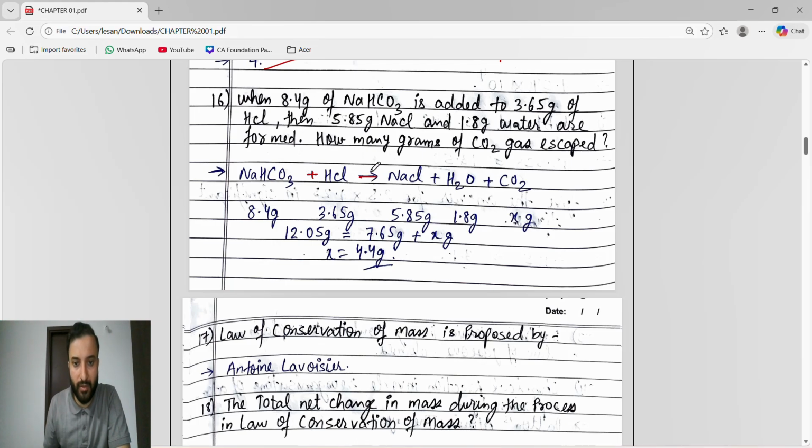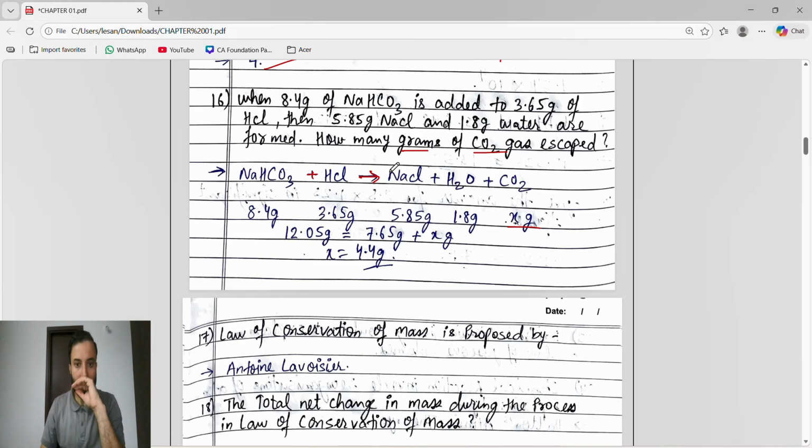So what they said, NaCl 5.85 gram and 1.8 gram water, the H2O 1.8 gram. How many grams of carbon dioxide gas escaped? So plus carbon dioxide gas we have to form, so we have to find that. I will take as x. Whatever it's given guys, I have written the value.